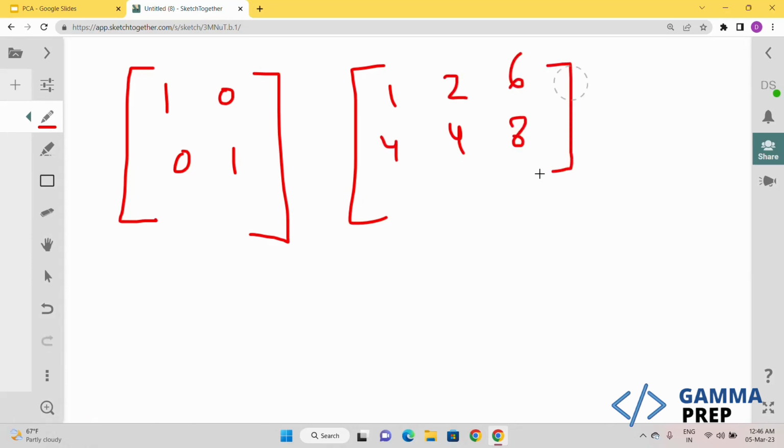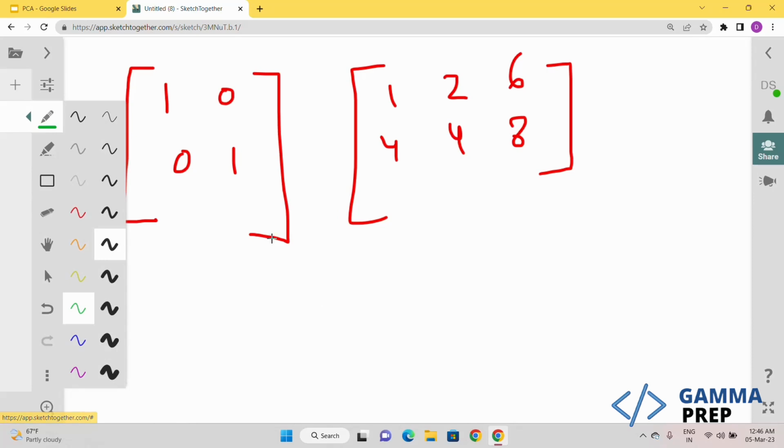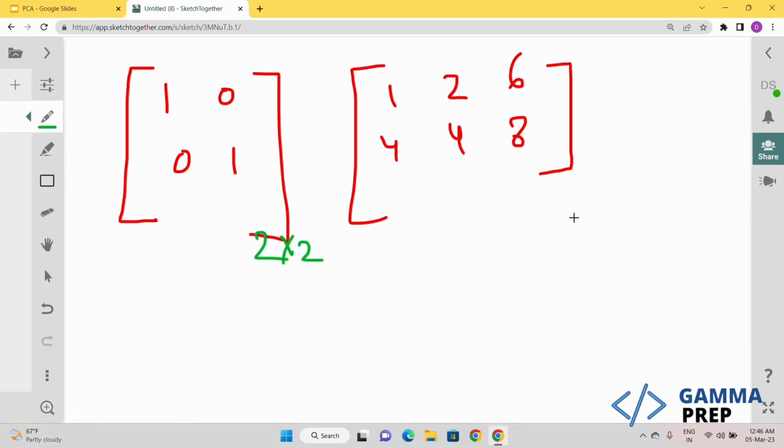The size of the first matrix is 2 cross 2 and the size of the second matrix is 2 cross 3. Since the number of columns of the first matrix and the number of rows of the second matrix are the same, we can do the multiplication, and the size of the resultant matrix would be 2 cross 3, the number of rows of the first matrix into the number of columns of the second matrix. Let's do the multiplication.